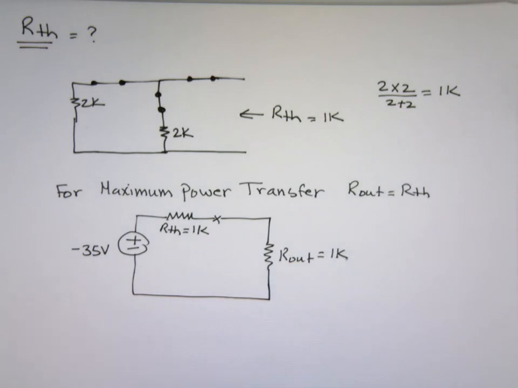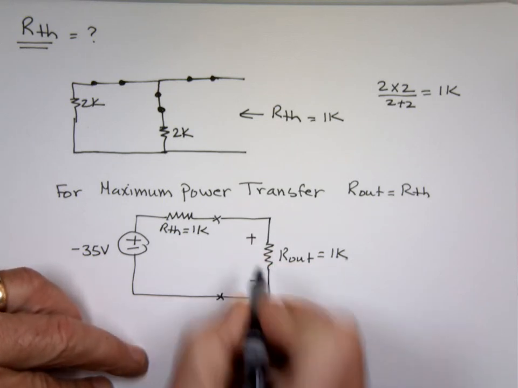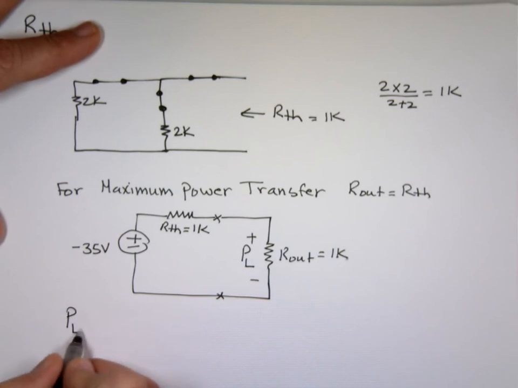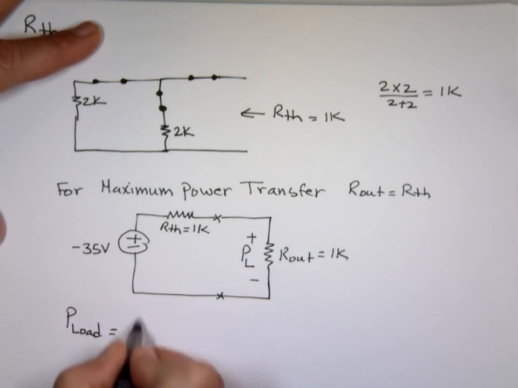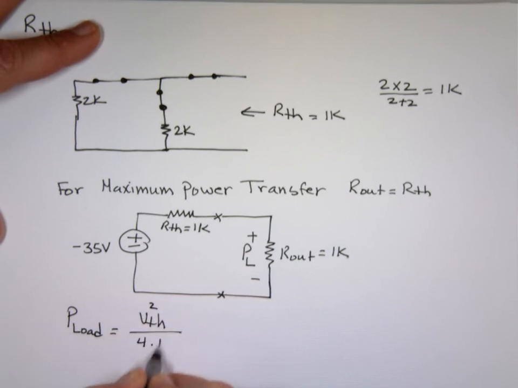Let's calculate what the power to this load is. This is the load here. What is the power delivered to that load? The power to the load, we said, is V Thevenin squared divided by 4 times R sub L. We derived that last time.